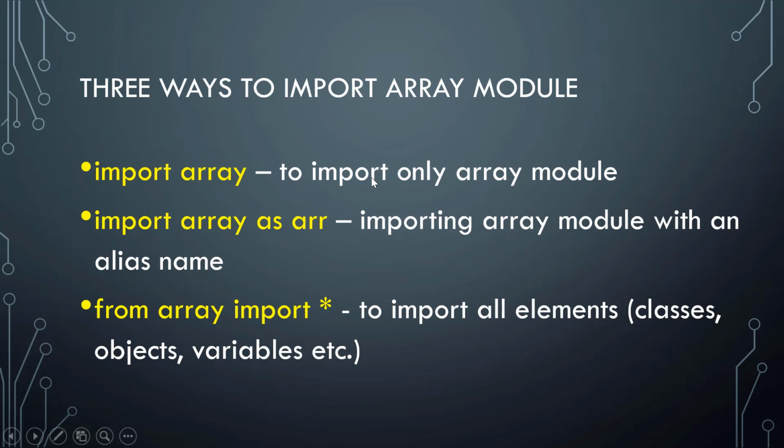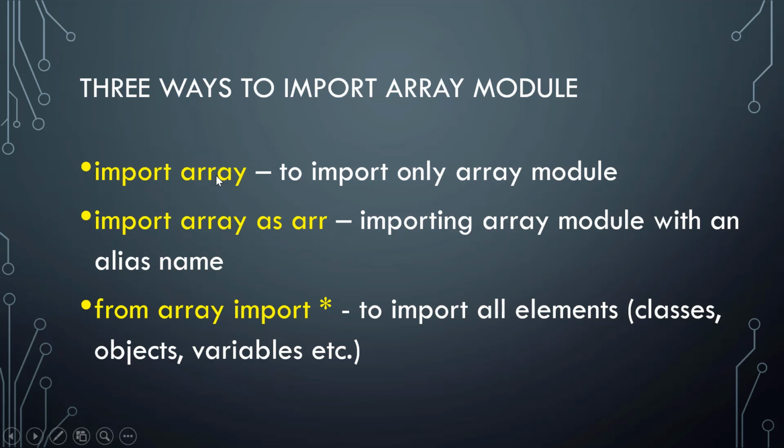It just imports the array module. If you want to call the function, we have to use array dot array. Array is the module name and dot array is the function. So we have to write array dot array, which is quite lengthy.